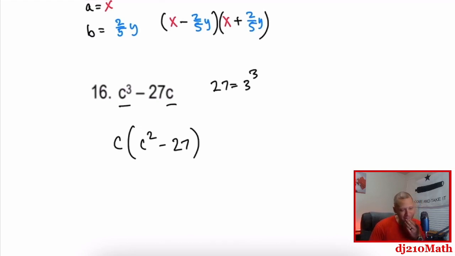And I feel like we could use that right now. But I don't want to. Right? Like, 3 cubed right here does me nothing. It does me no good. 3 squared would do something, but 3 cubed does nothing. All right, we'll leave it at that. I think that's it.